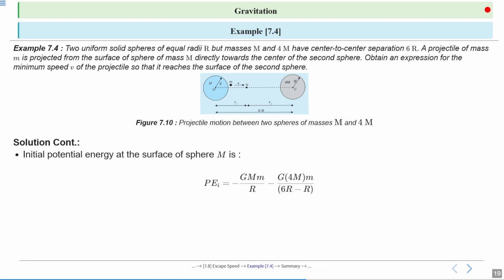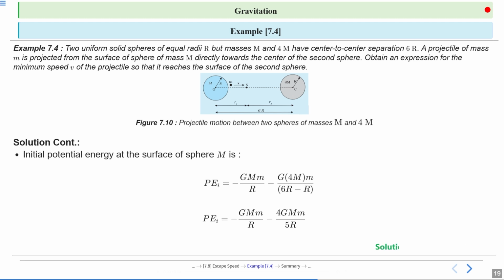Here G is the gravitational constant. So solving this, you will get PEi is equal to minus GMm divided by r minus 4GMm divided by 5r. This shows us the combined gravitational potential energy from both spheres acting on the projectile. It's important to see how the distance between centers of the spheres affects the potential energy calculation.